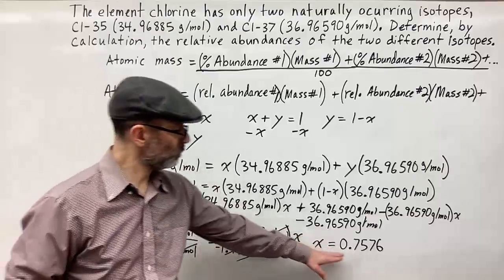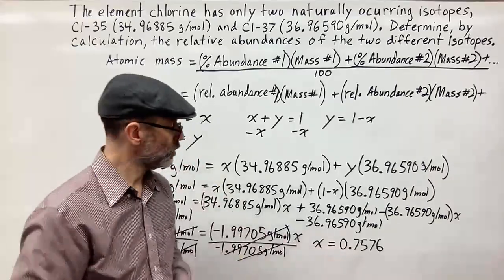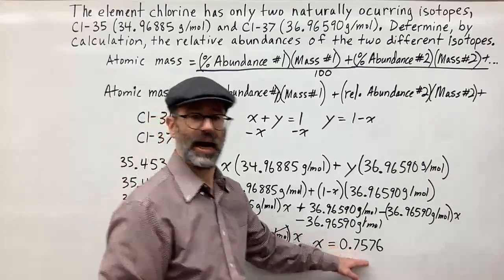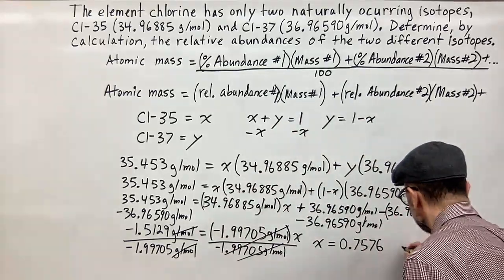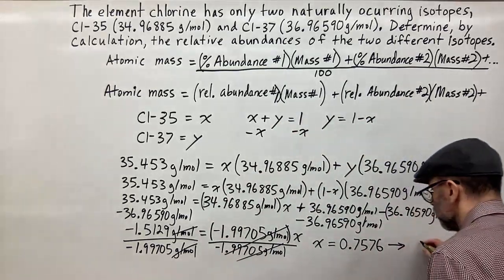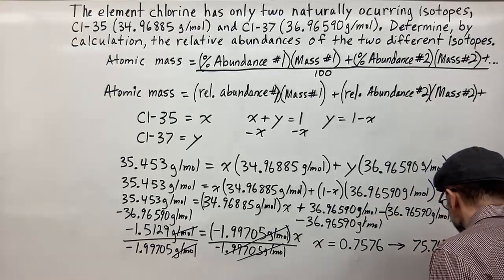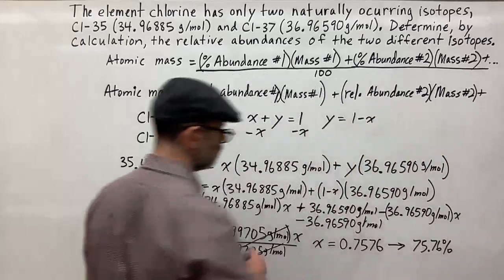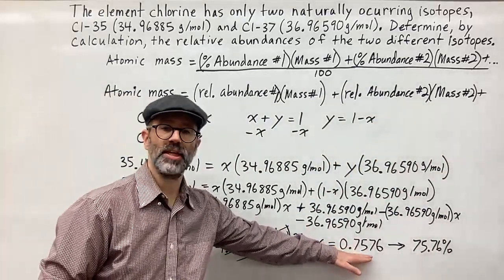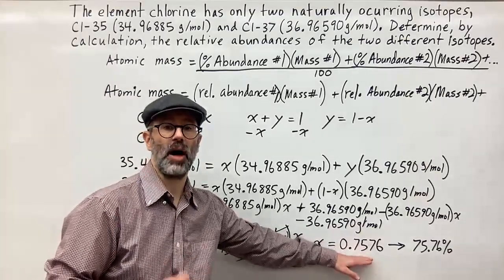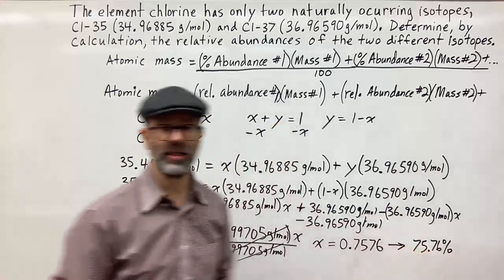If I multiply this by 100, I get the percent abundance. So if I multiply this by 100, I get 75.76%. So this is the fractional or relative abundance, and this is the percent abundance.